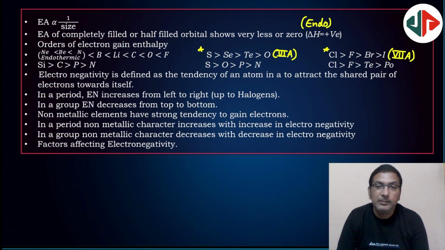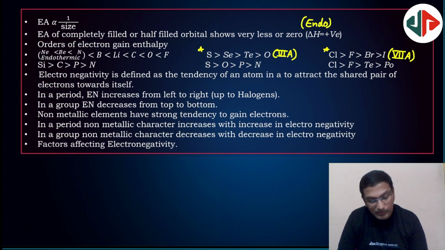Chalcogens and halogens. Sulfur highest, oxygen least in 6th A. Next, chlorine highest. So, among all the elements in the periodic table, chlorine has the highest electron affinity. The highest electron affinity element is chlorine in the total periodic table.